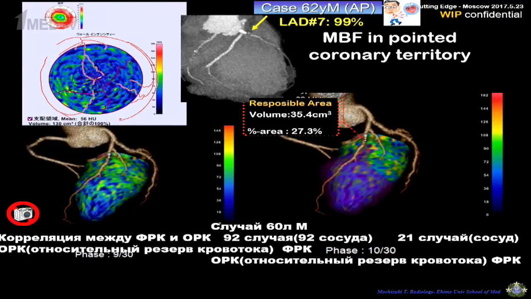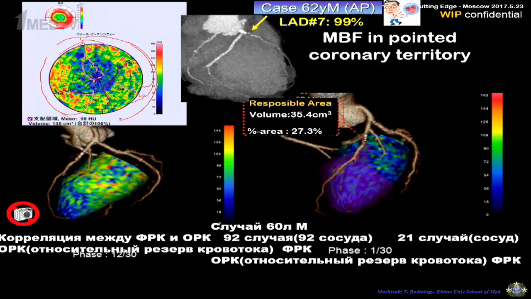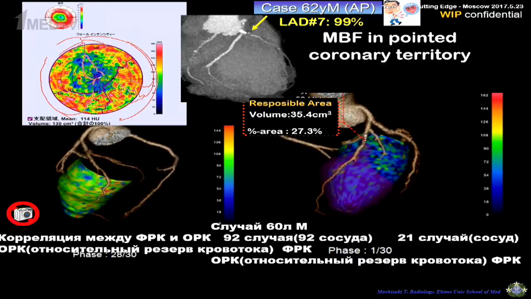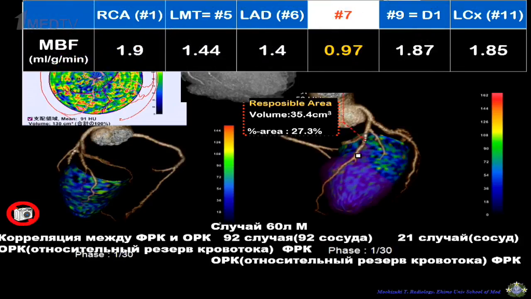And this patient had the stenosis in segment 7 of the left anterior descending artery, and the myocardial blood flow territory area is 27% of the whole myocardium. So these are the absolute values.